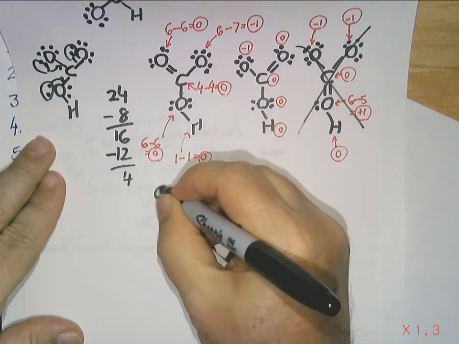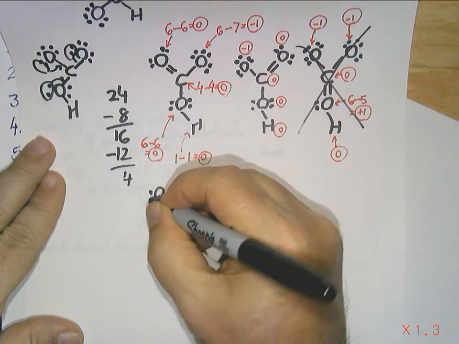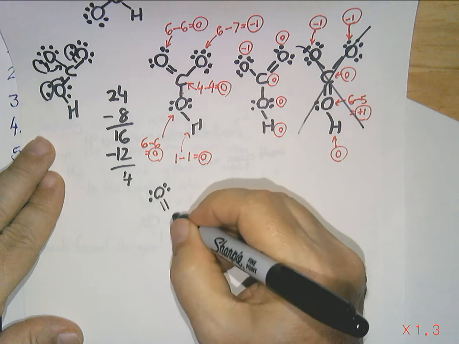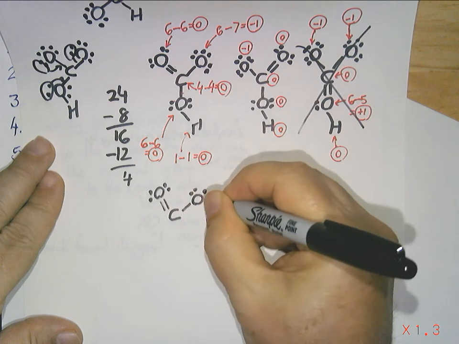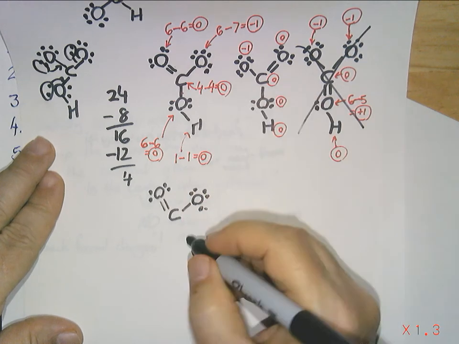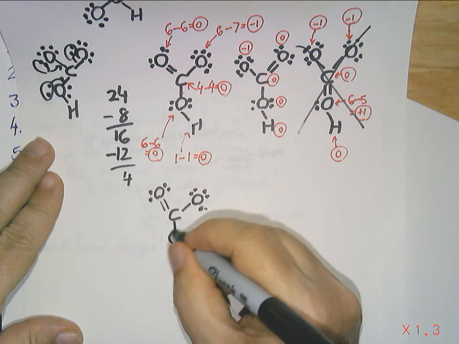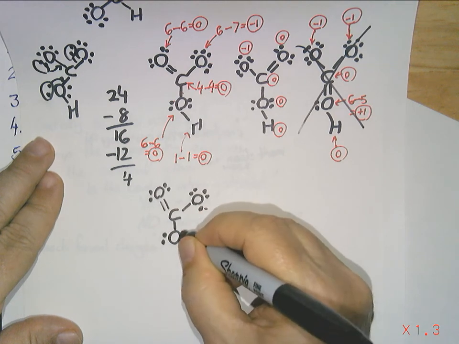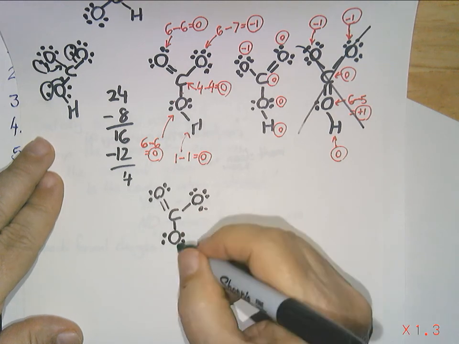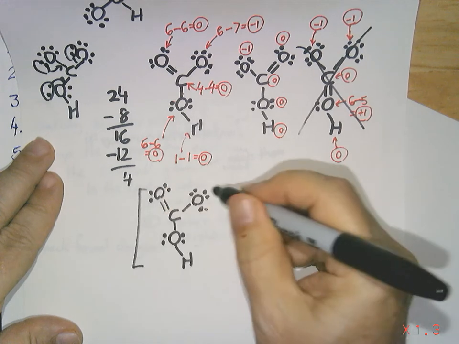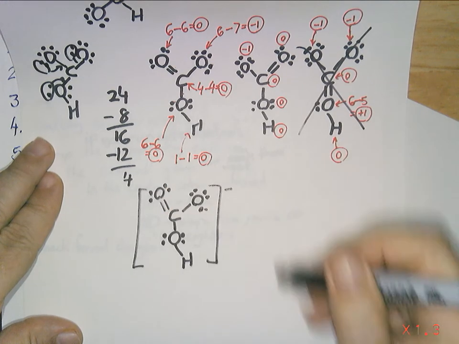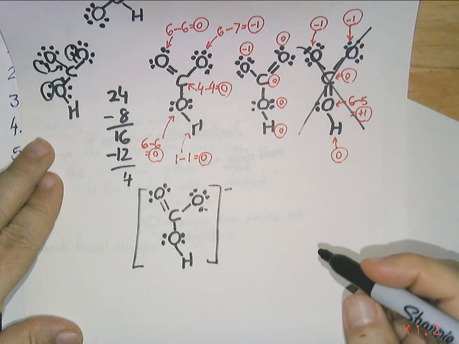I'll write my final answer down like this for this problem. I'm just copying this one down. Draw your dots really heavy so that they don't look like stray marks. Now I have to put a square bracket around this and a minus sign because the whole thing has got a minus 1 charge.